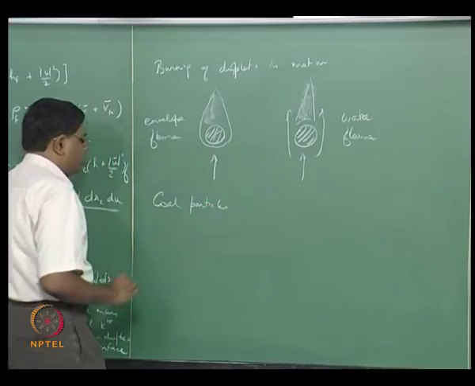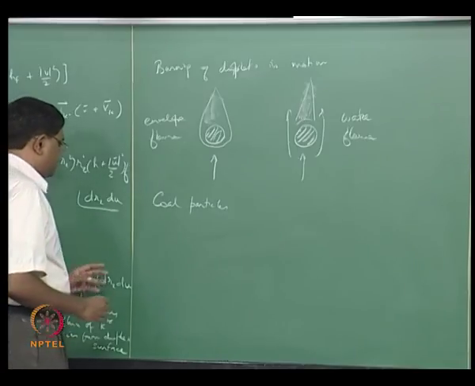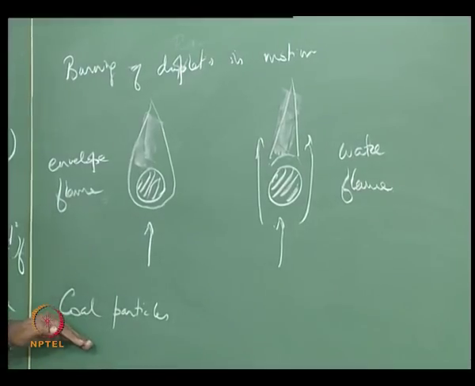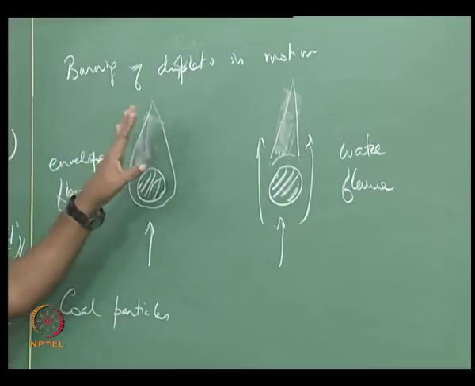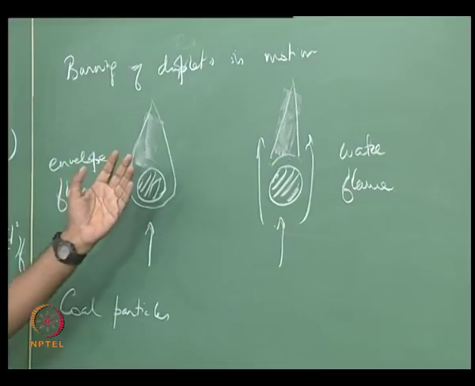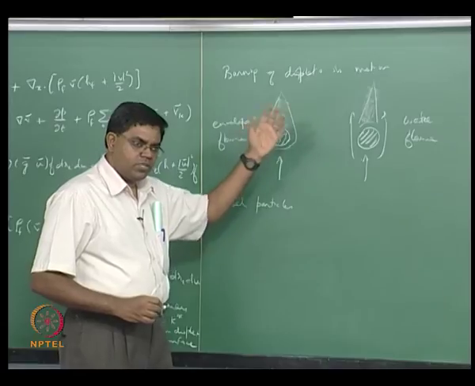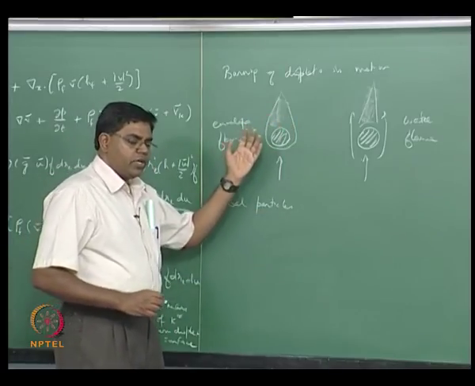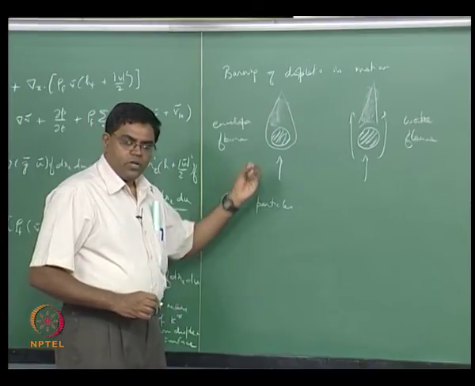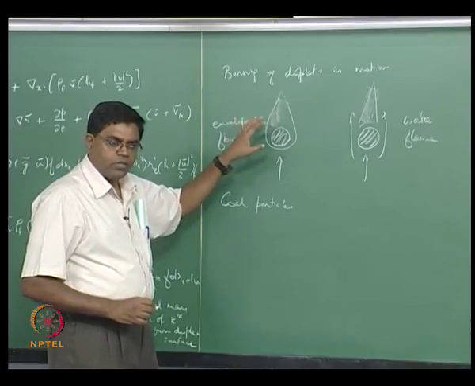the problem with coal particles is essentially twofold. One, before we get to coal particles, if you want to go back to liquid fuels, you can still talk about single component liquid fuels versus multi-component liquid fuels. What is meant by single component versus multi-component is, if you take a fuel like methanol, you're talking about only one chemical substance.